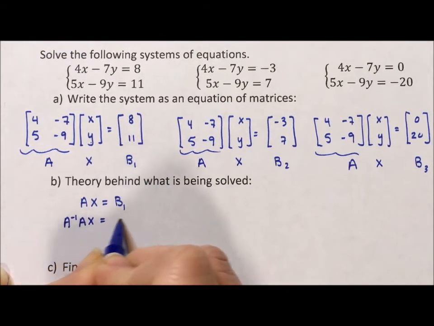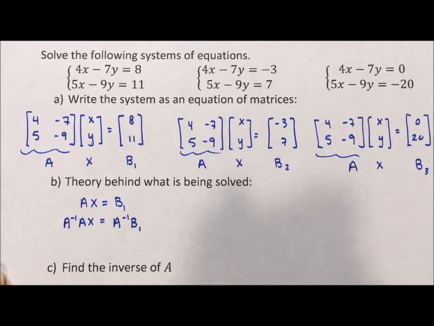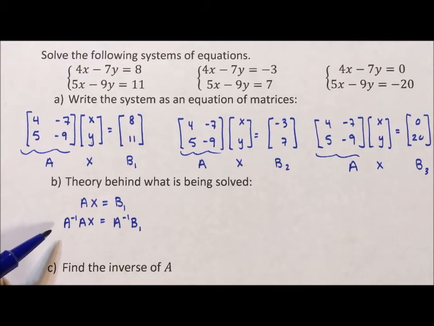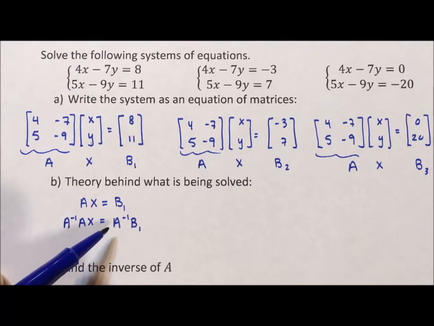Now, if you've done other multiplication with matrices, you know that multiplication is order specific. So if I multiply on the left on the left-hand side, I have to multiply on the left on the right-hand side.